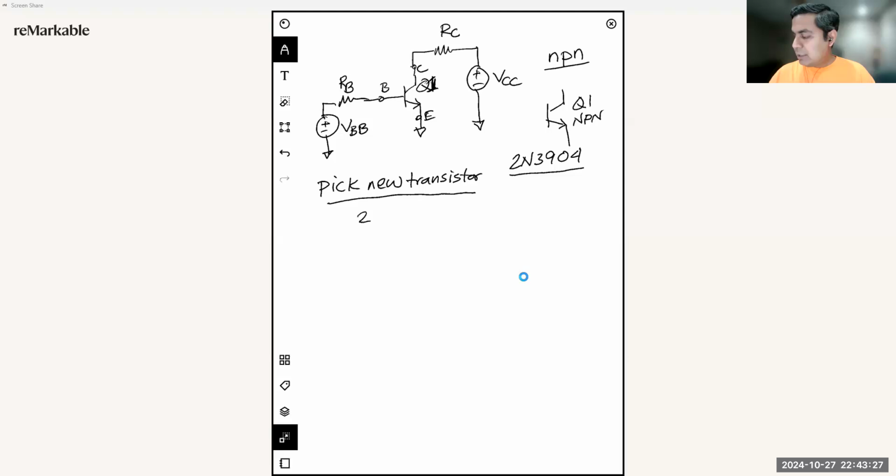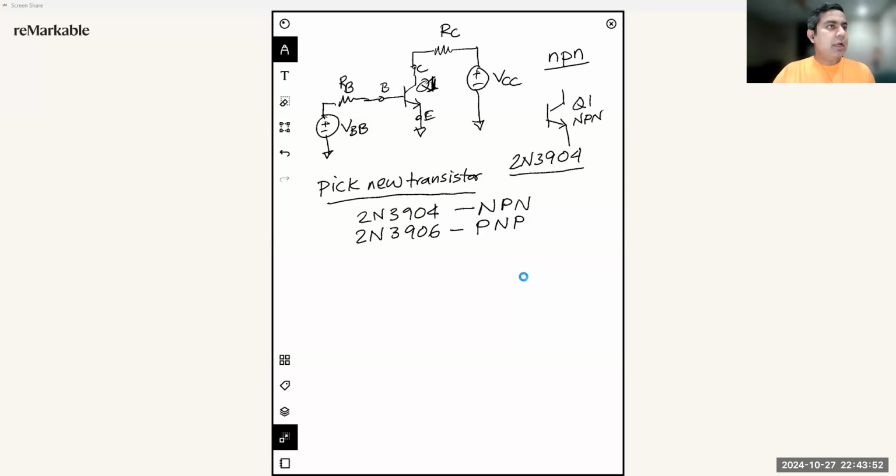From there, you can choose 2N3904 for your NPN transistor, and for PNP, you have the 3906 model for the PNP BJT transistor. You can use those two models to simulate your circuits.